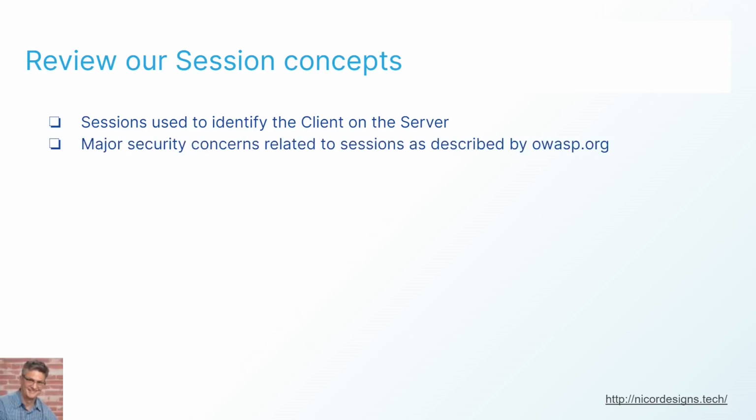There are major security concerns related to sessions as described by the OWASP.org website, and they also present us with ways on how to implement best practices to protect against session-related vulnerabilities.